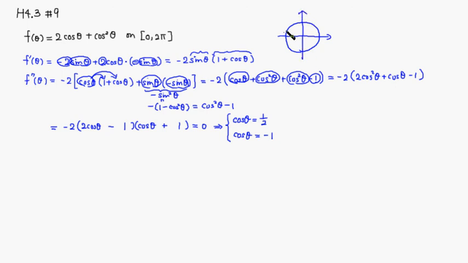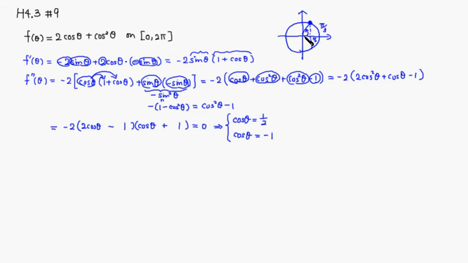So we want the cosine to be 1/2. Cosine represents the x coordinate, so 1/2 is right around there. Right, so we just need to find the angle here. It would be 60 degrees, so it's going to be pi over 3.